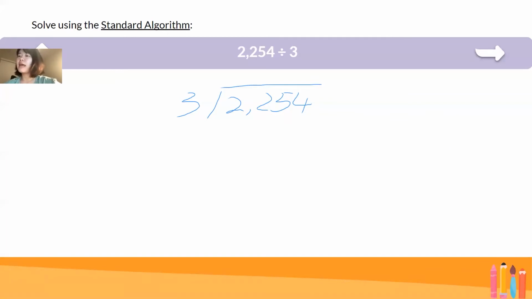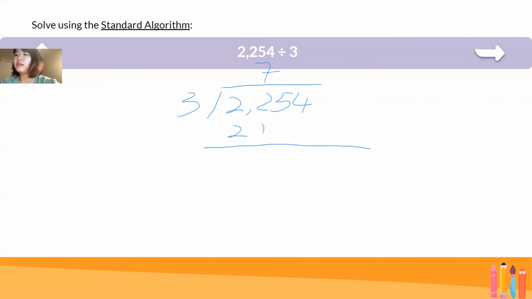So let's move 2,000 into the hundreds place, which gives us 2,200. And 22 is larger than 3, so we can start to divide. What is the largest number we can break into 3 groups? We can do 7, because 3 times 7 is 21.